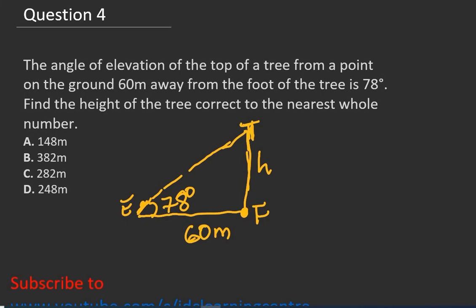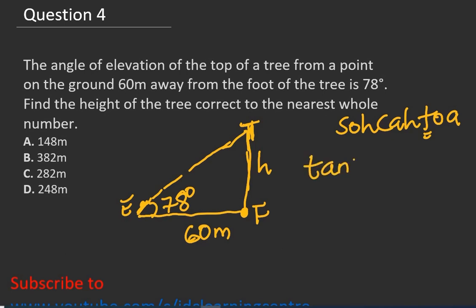Now we are meant to find the height of the tree using SOHCAHTOA in our trigonometry function. We have to use tan because tan is opposite over adjacent, and height is the opposite. 60 meters is the adjacent. Hope that is clear. So the angle is 78 degrees.